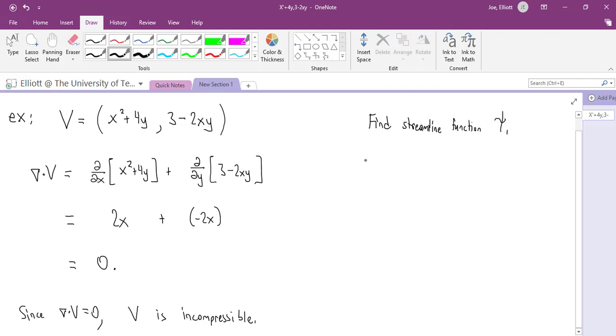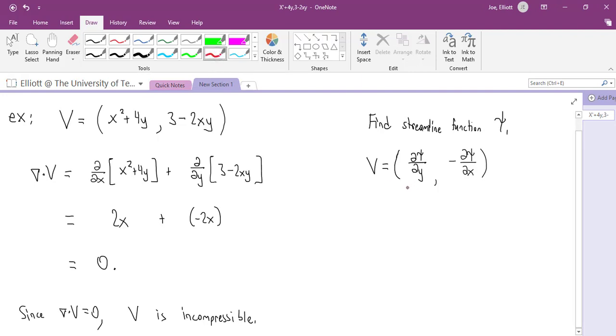So remember that the streamline function is supposed to satisfy the property that the partial derivative of c with respect to y should be the x component of v, and then the y component of v should be the negative of the partial of c with respect to x. Okay.